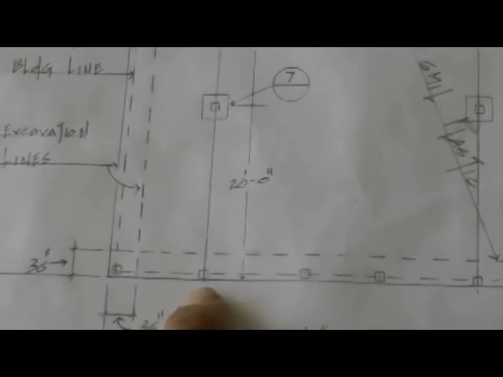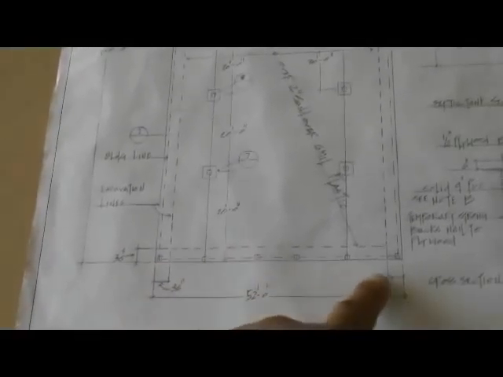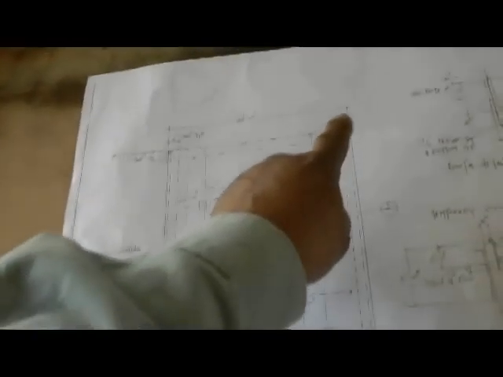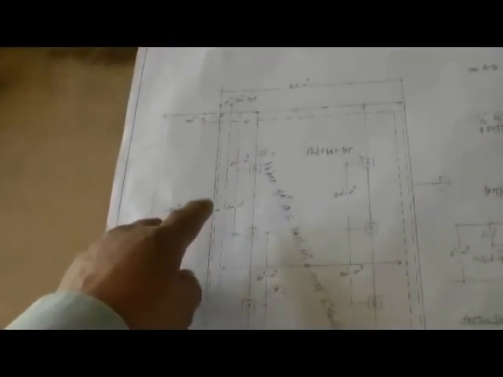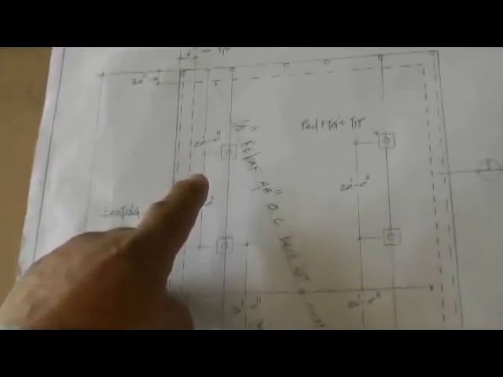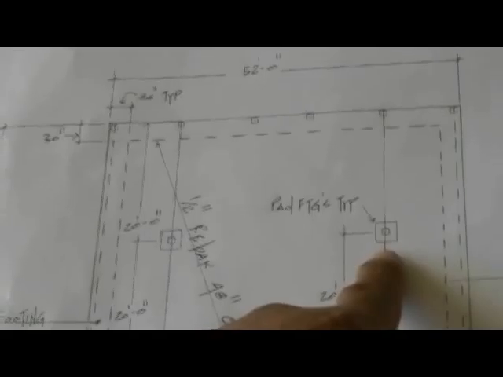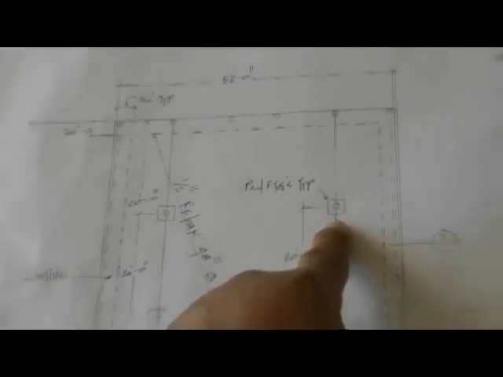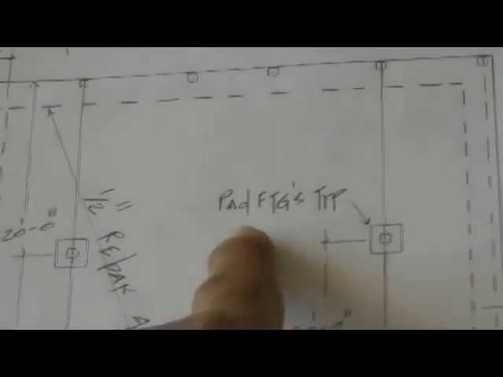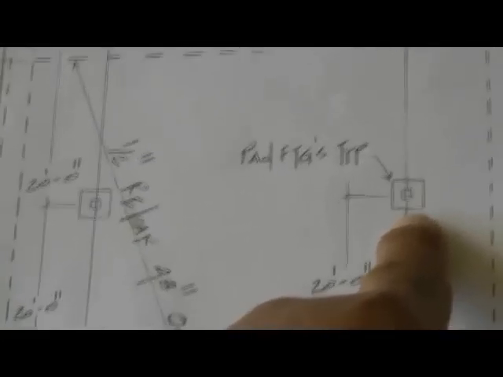Because we have to be consistent with our grid lines, because within the perimeter, now here, if I go from this corner to this corner to this corner to that corner, within inside these wall perimeters, I'm going to zoom in. You see that? That's a pad footing. Directly across on grid line B is another pad footing. I've made a note here. It says pad footings, they're typical. So the dimensions aren't here, but I'm going to put them on there later.